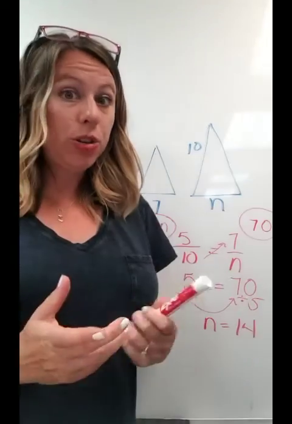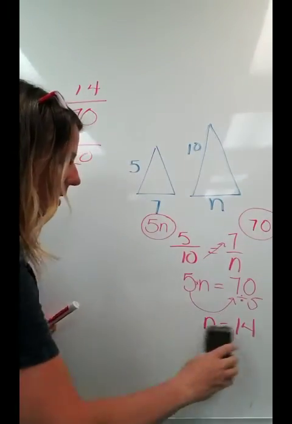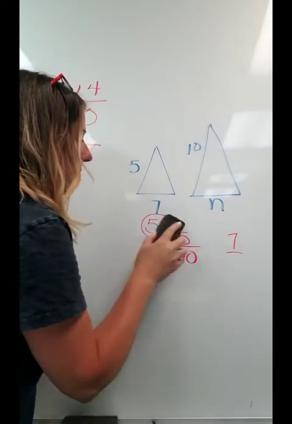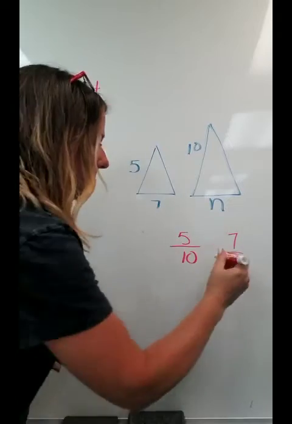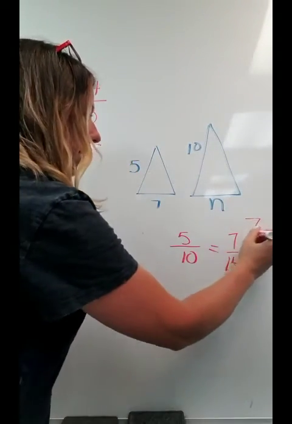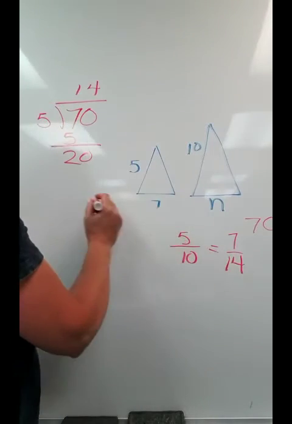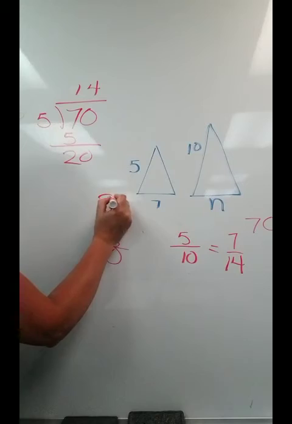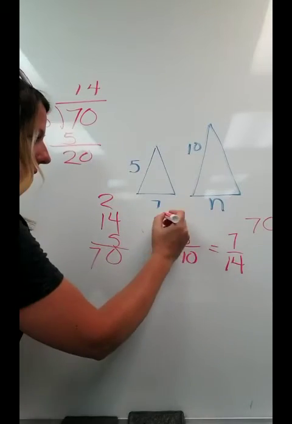So let's make sure that it actually does equal. So let's put 14 in there and see, did we come up with the right answer? We have 14 there. So let's cross multiply. We have 70 up there. 5 times 14 is 70.